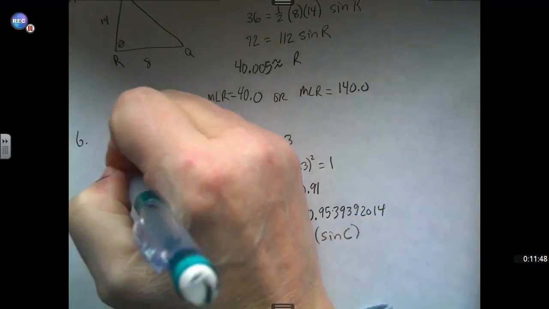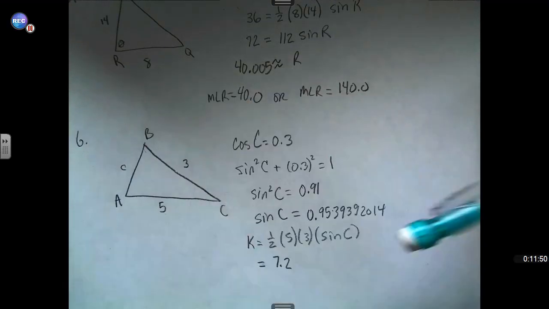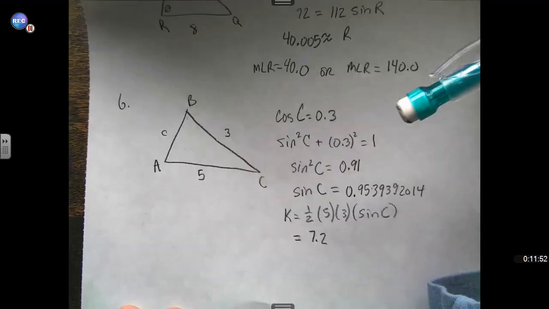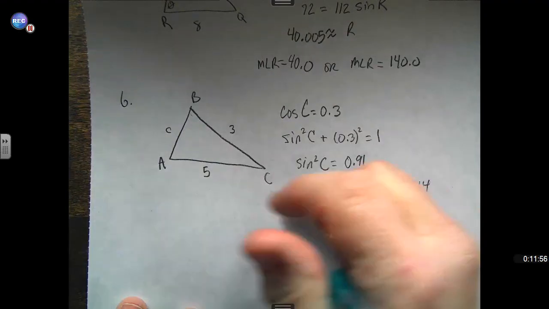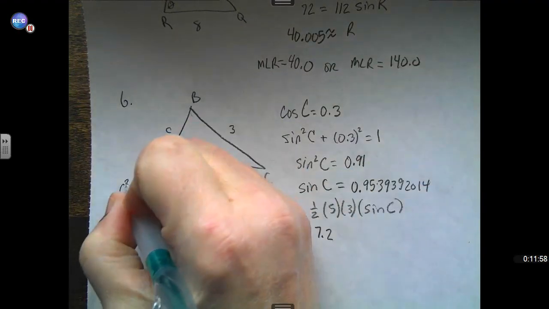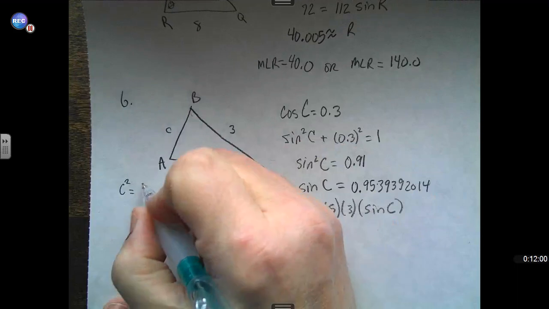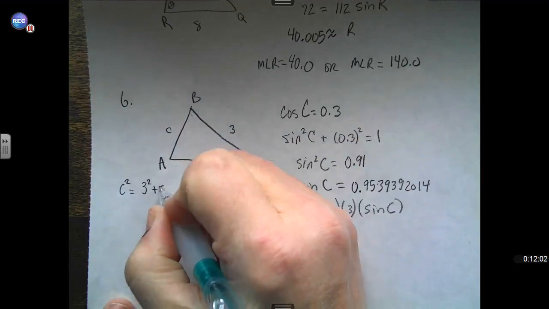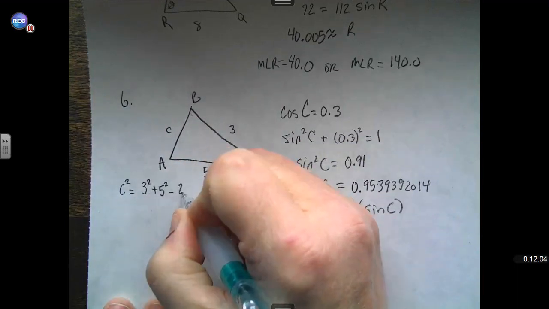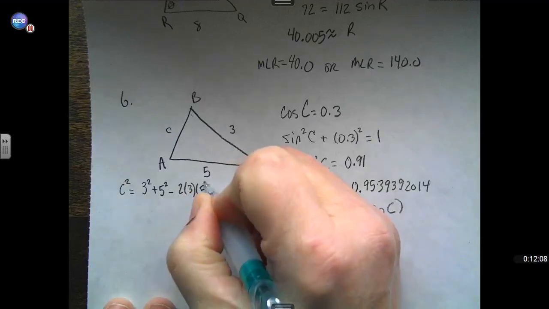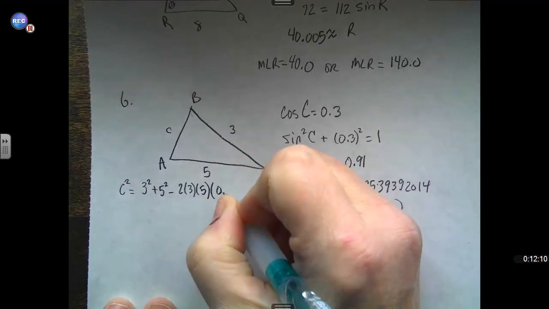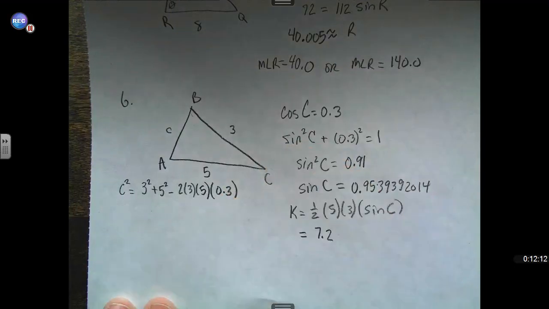Next, we're supposed to find little c. Okay, so for that, I would use the law of cosines. I would say that c squared is a squared plus b squared minus 2ab times the cosine of c, which is 0.3.